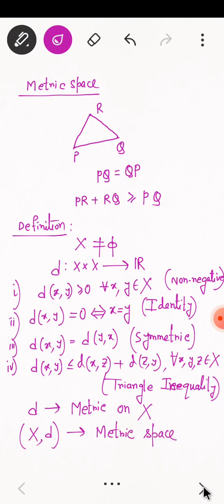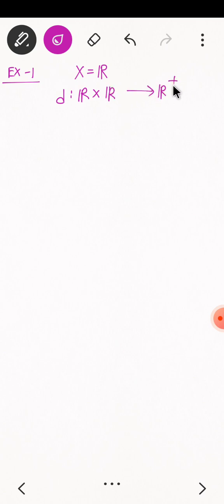Next we define some examples of metric spaces. If we take X equal to the set of all real numbers and D defined from X cross X to R plus by D of xy equal to mod of x minus y, then we show that D satisfies the previous four axioms.